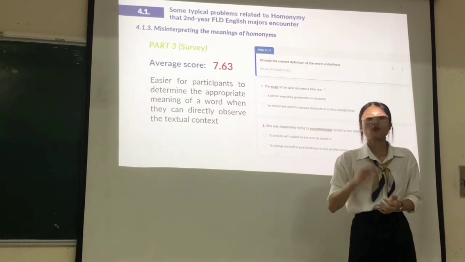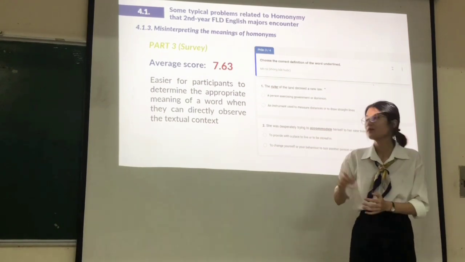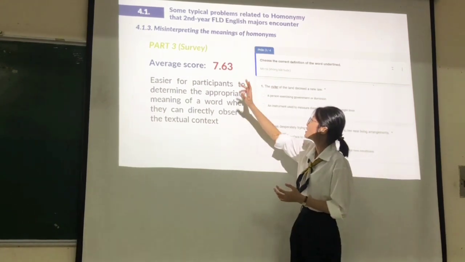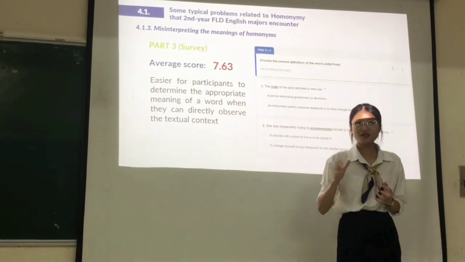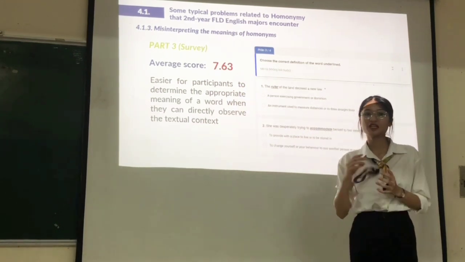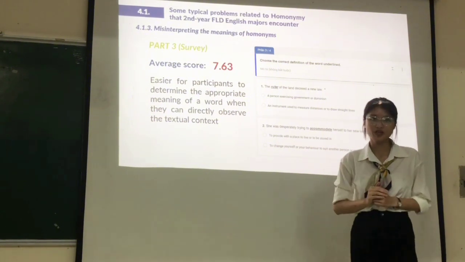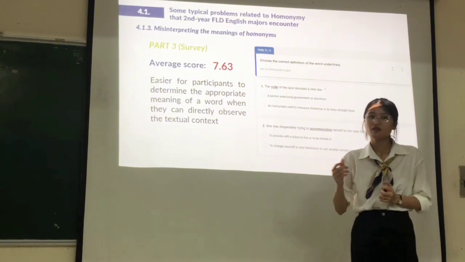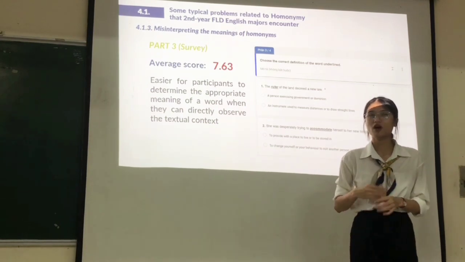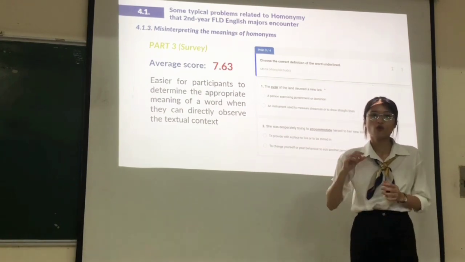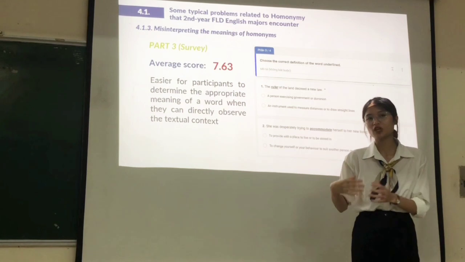The average score was 7.63, which is higher than the scores observed in the listening and speaking parts of our survey. It may be easier for the participants to determine the appropriate meaning of the word when they can directly observe the textual context.